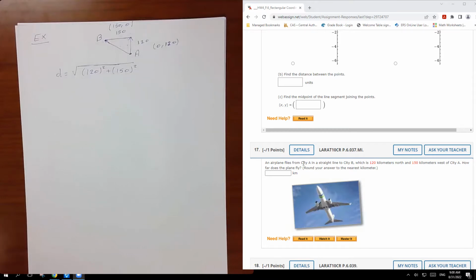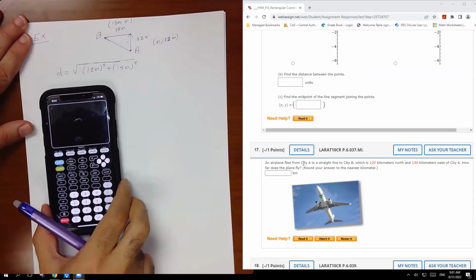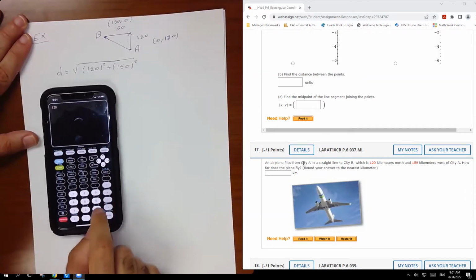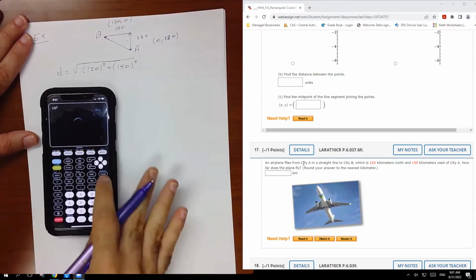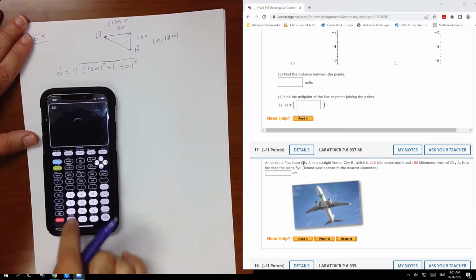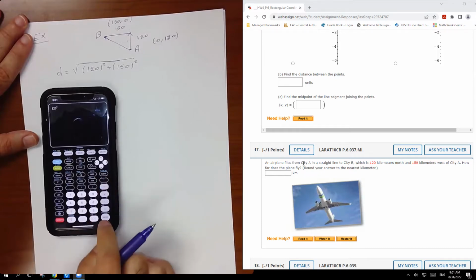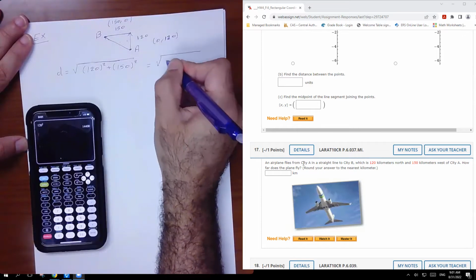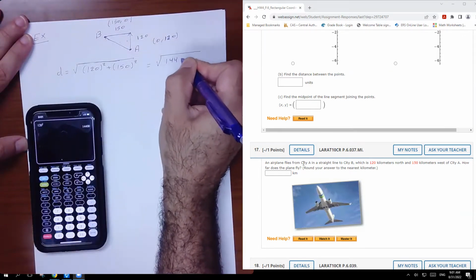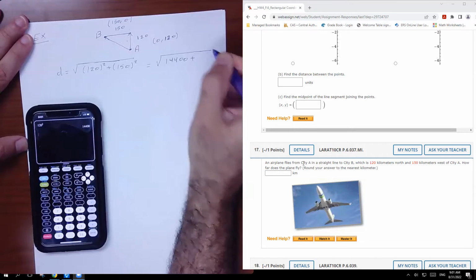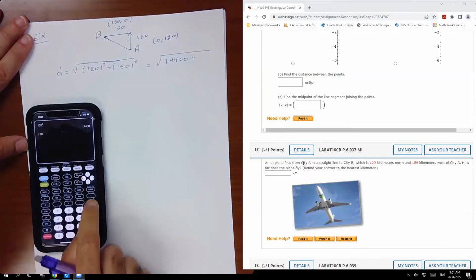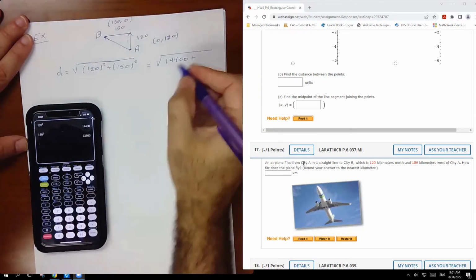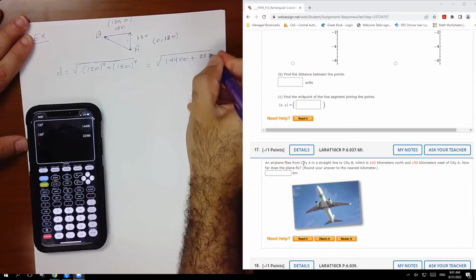Let's try to calculate this. 120 squared is going to be 14400, plus the second number, 150 squared, which is 22500.